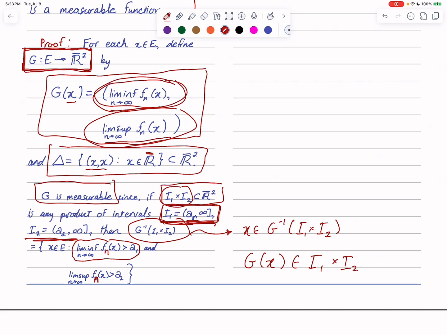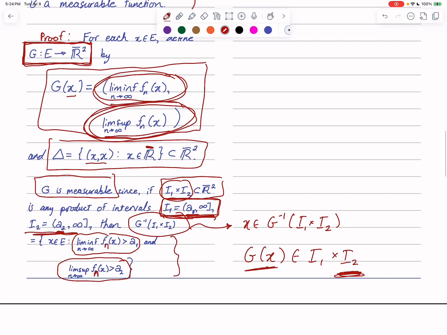And then thinking about G of X, the second coordinate of G of X is the lim sup, and that's supposed to be inside of I2. So that means that the lim sup should be bigger than A2, the lower bound of I2. So that is just completely equivalent to what this pre-image is, right? This set here is equal to the pre-image.